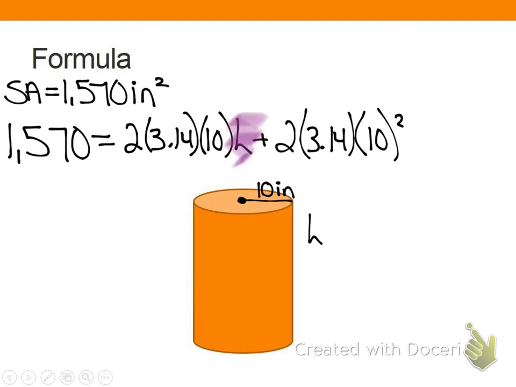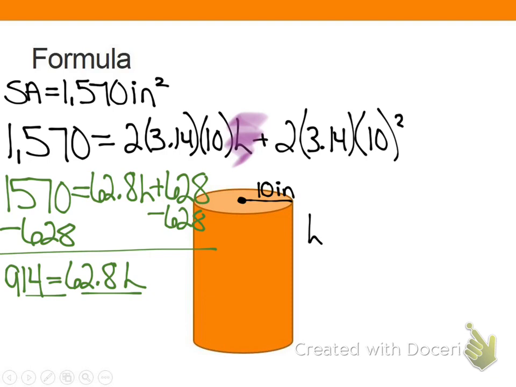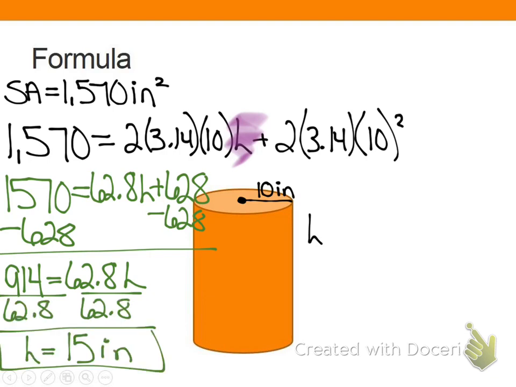There's our h, what we're solving for. So we have to simplify everything around it. What's 2 times 3.14 times 10? 62.8. And then what about the other set? 628. Now I subtract 628 from both sides and divide, and h is 15 inches. Did you get 15? So that's how I find the height of a cylinder.